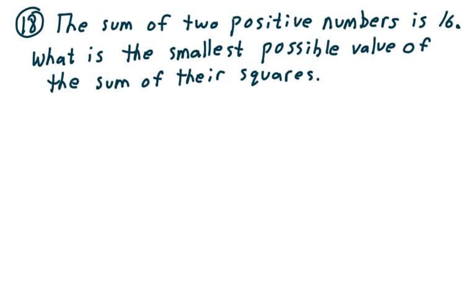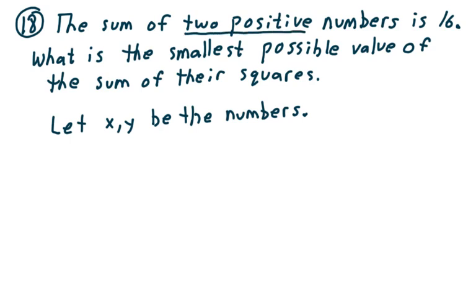So what I'm going to do is let x and y be the numbers, because we don't know what they are. And you have to identify your unknowns. You know, word problems don't mean anything if we don't know what our unknowns are. Okay? Now, these are positive numbers.